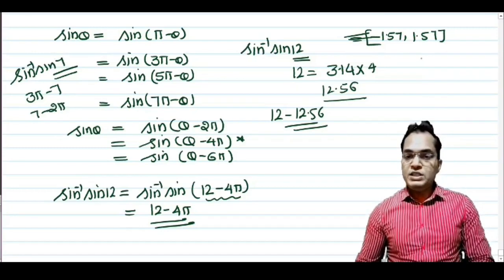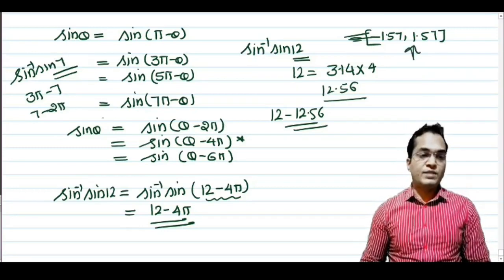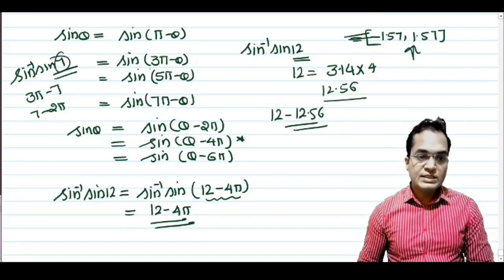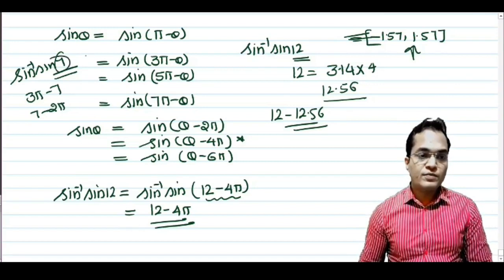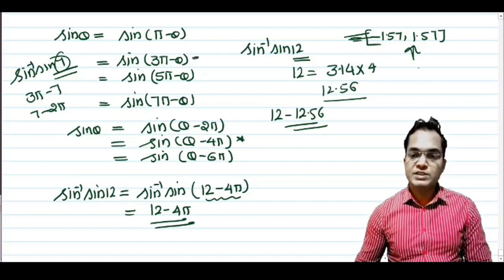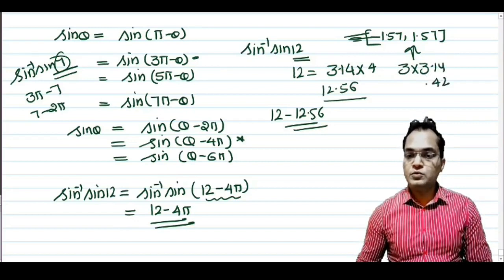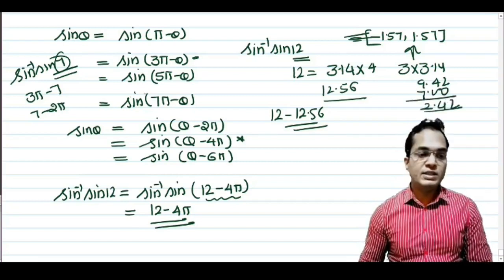If I want to reach this interval, then think about 7. 7 is close to a multiple of 3 pi. 3 pi minus 7, then what is the value of 3 pi minus 7? Check it. 3 into 3.14 is 9.42, minus 7, solve it, it is 2.42. It is not in this system.